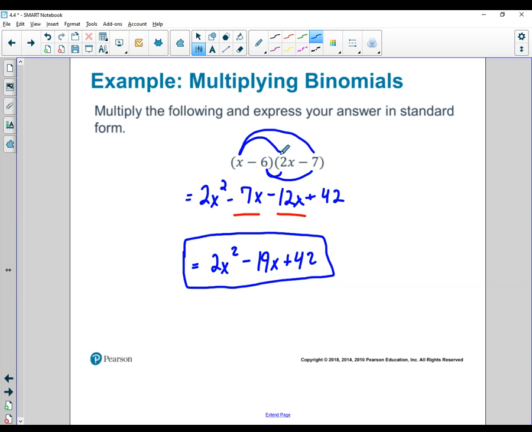And again, what we're doing here is we're basically just doing the multiplication out, expanding, whatever you want to call it. You might have learned FOIL before. That's what this is.